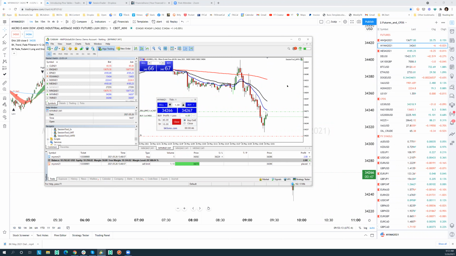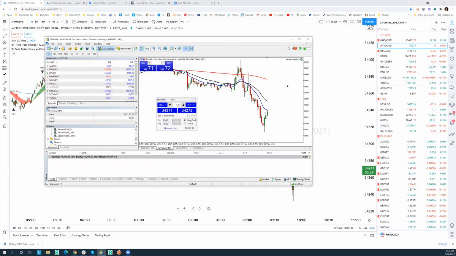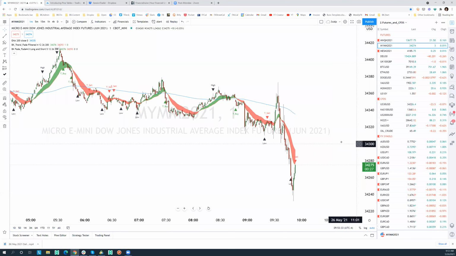So close. Trying to stick to our take profits. Okay, so I managed to pull that one out again. Fun trade. That's why I did it small size, not because it was the right trade.